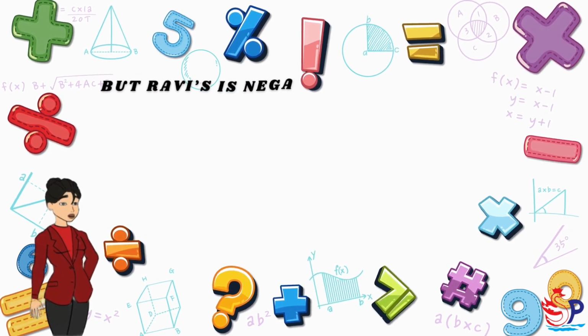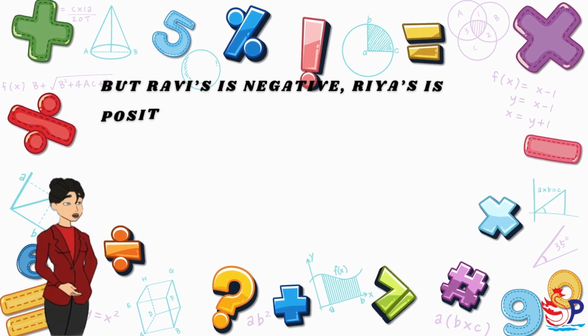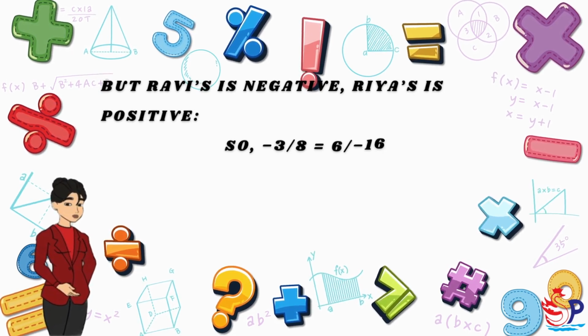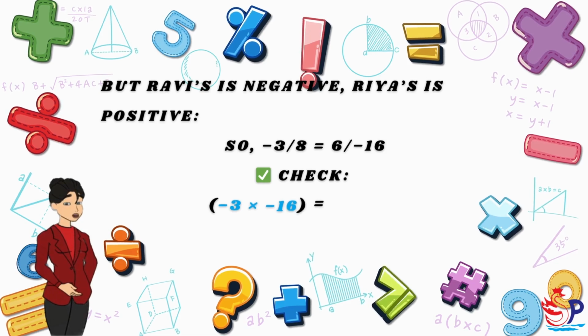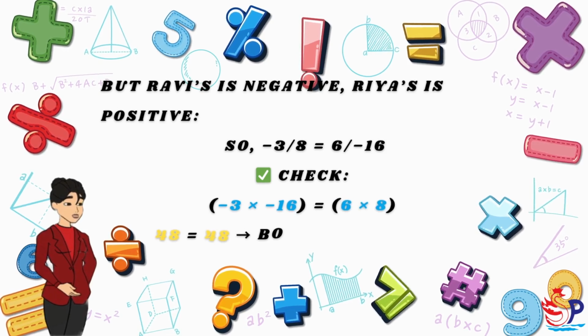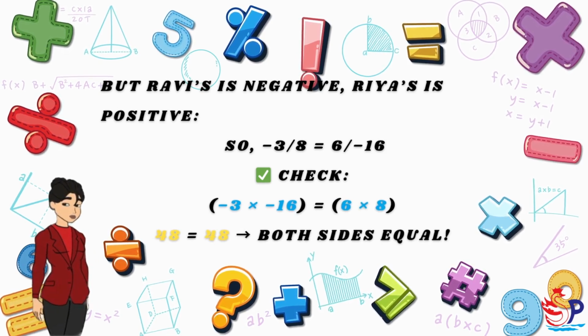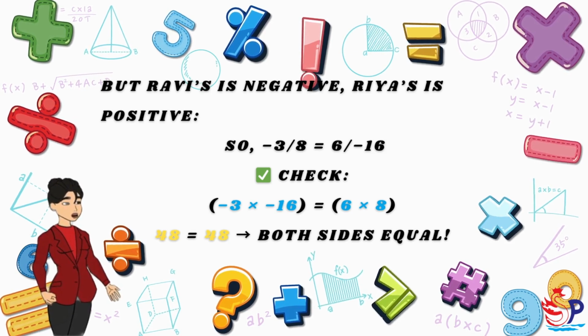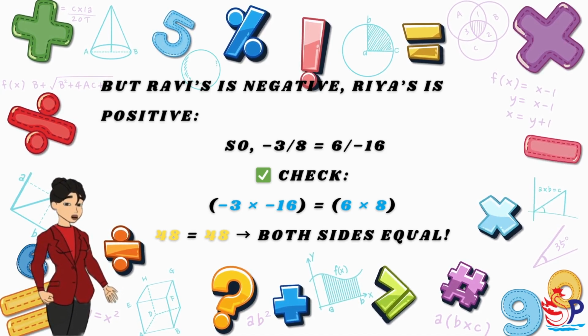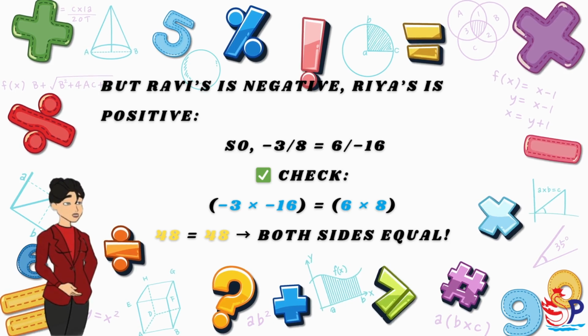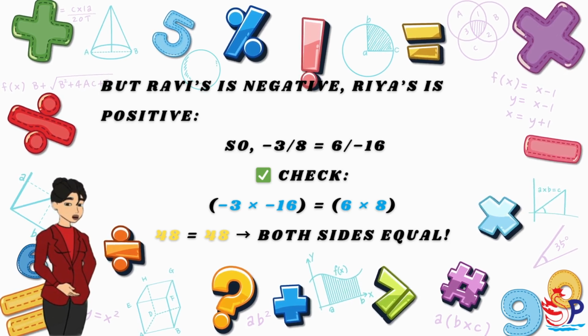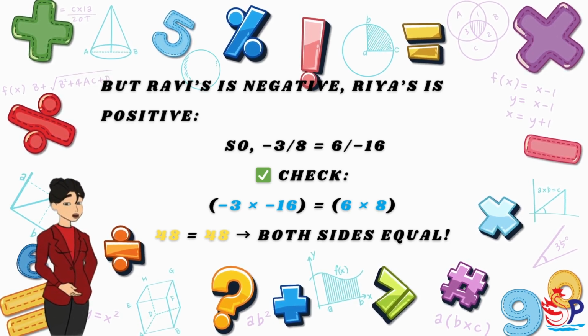But Ravi's is negative, Ria's is positive. So, minus 3 by 8 is equal to 6 by minus 16. Minus 3 multiplied by minus 16 is equal to 6 times 8. 48 is equal to 48, both sides equal.